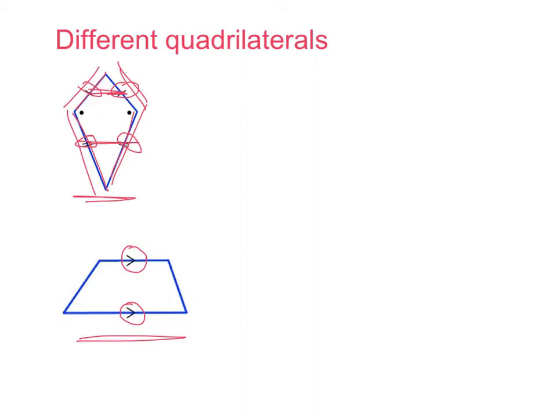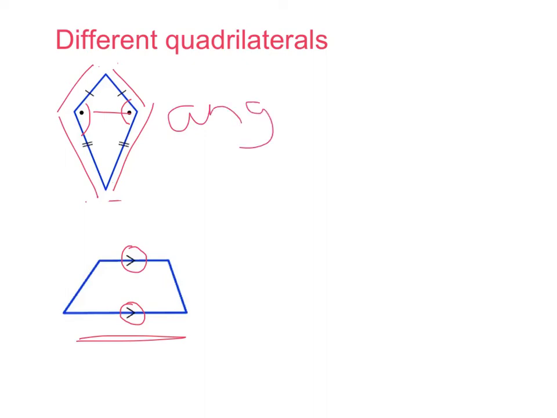The angles between the unequal sides, so let's rub off these annotations, okay? We've got this one here, which is not equal to this one here. The angle in between those, they are equal, okay?